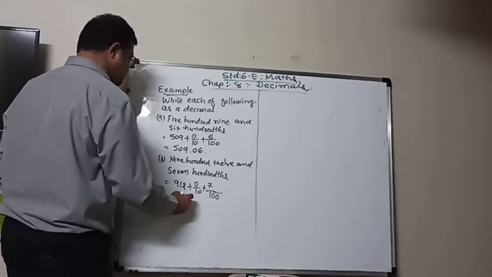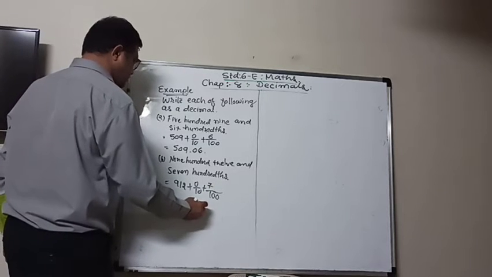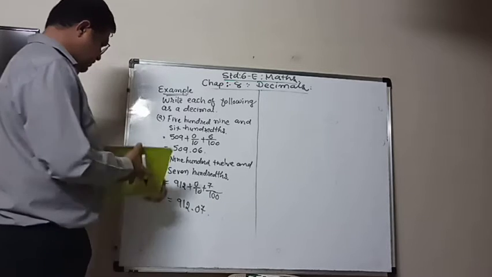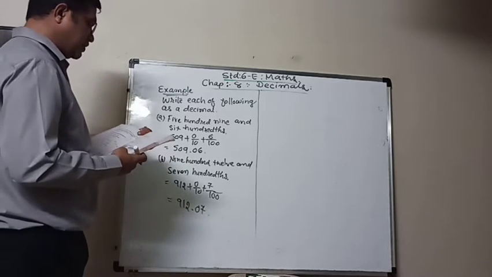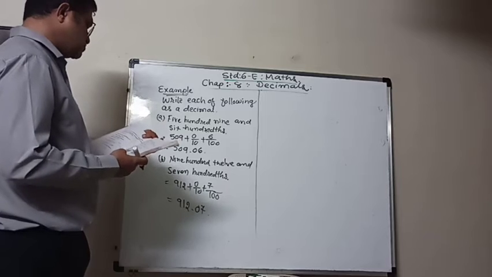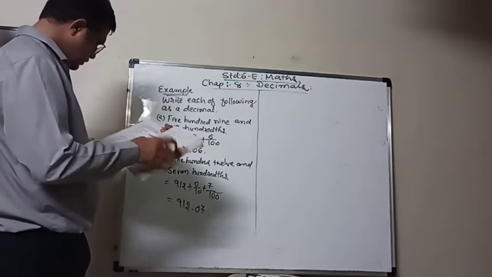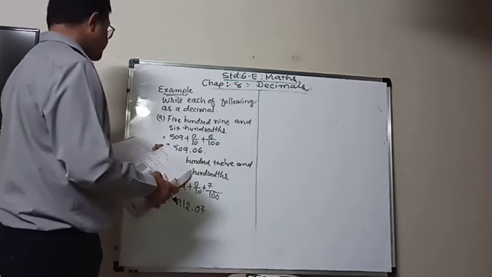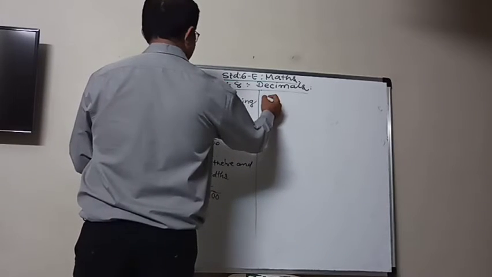So you write it as 912.07. Let's take more examples of it.